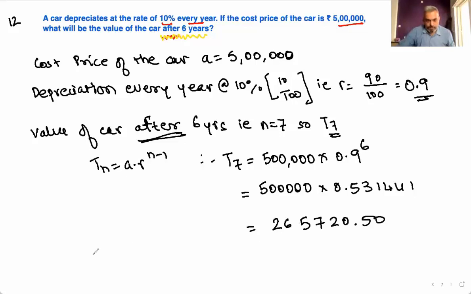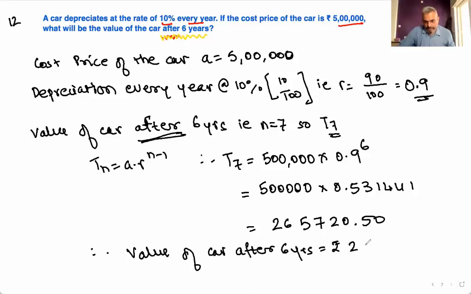So therefore value of car after 6 years is equal to rupees 2,65,720.50. Answer.